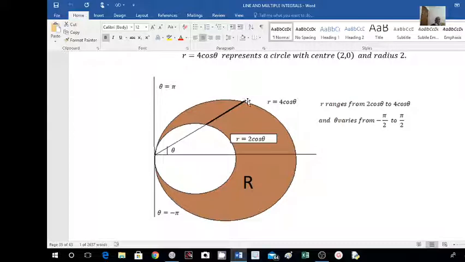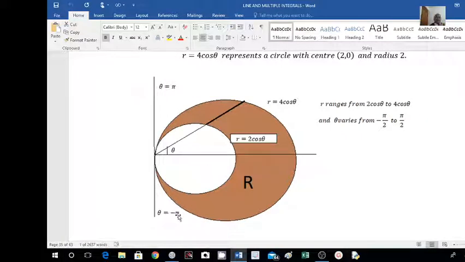And theta ranges from, so here on both sides are there, therefore theta has to start here. At this point theta is equal to minus pi, and theta has to go up to this, okay, sorry, this is some mistake.